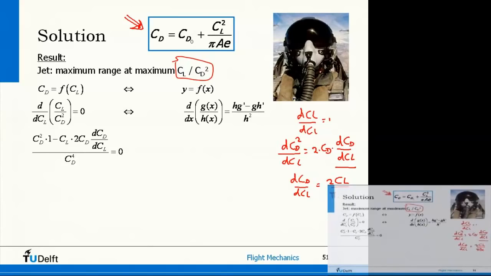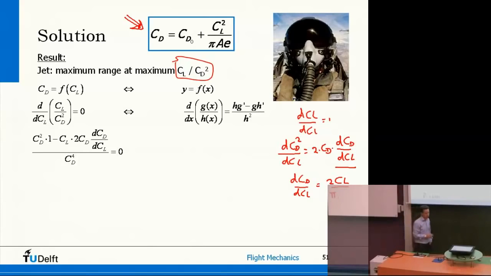So, if we fill out the quotient rule, which is already stated on the left-hand side, and we say, okay, CD to the power 4, that's not 0, of course, because there's always drag, then that means the top side of the equation should be equal to 0. So CD over CL is then a half CD over CL.